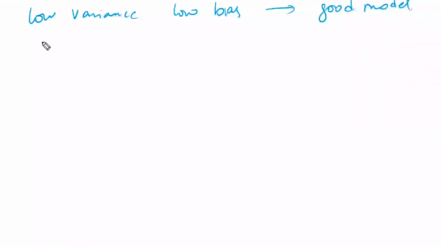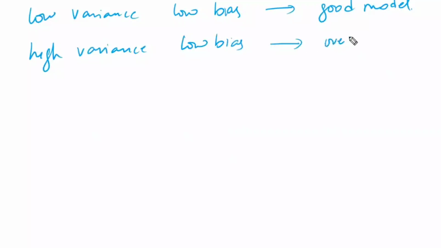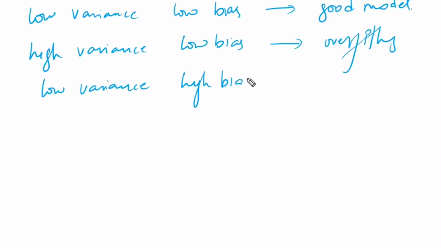Bias variance trade-off means if the model is having low variance and low bias, it is called a good model. If it is having high variance and low bias, it is called overfitting. And low variance with high bias is called underfitting.